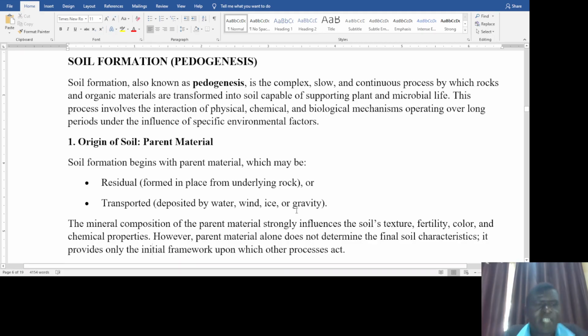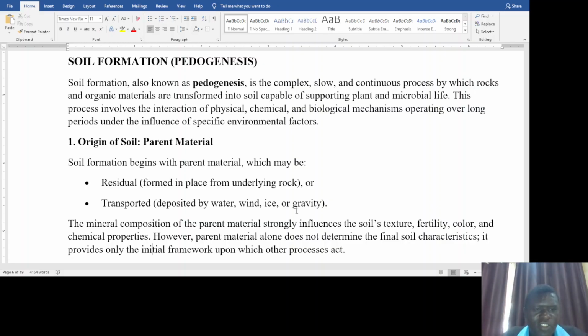We just said that the origin of soil depends basically on the parent material, and we have agreed that that material could be residual from the bedrock or the parent rock, or it could be transported and deposited by various agents.